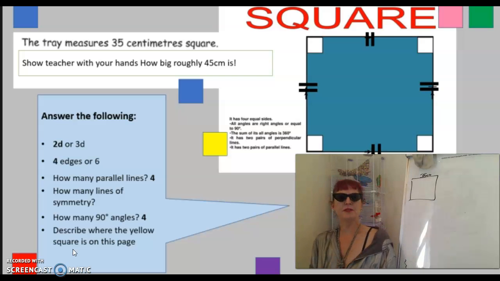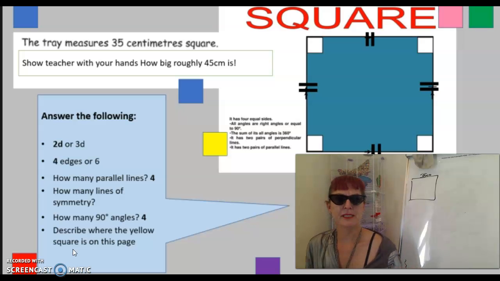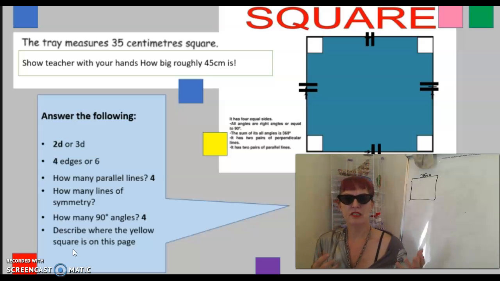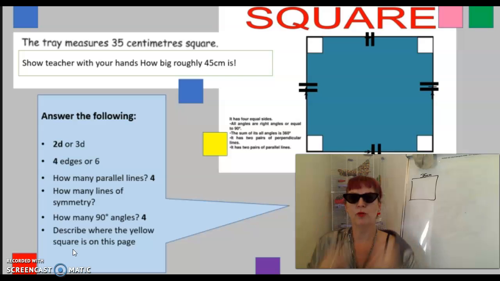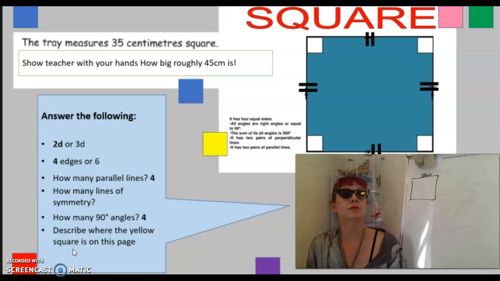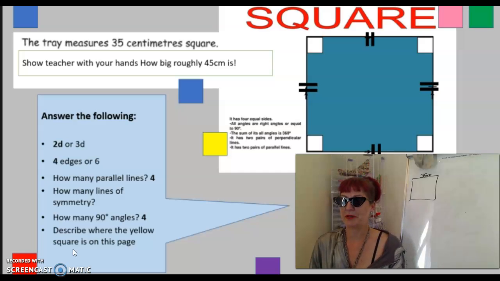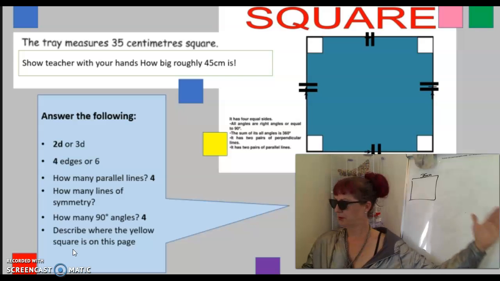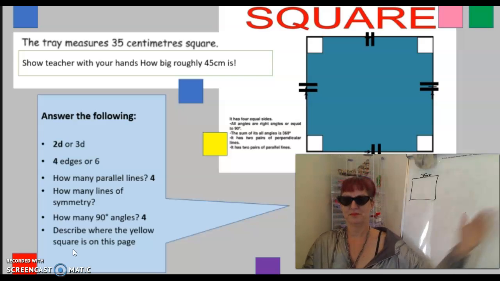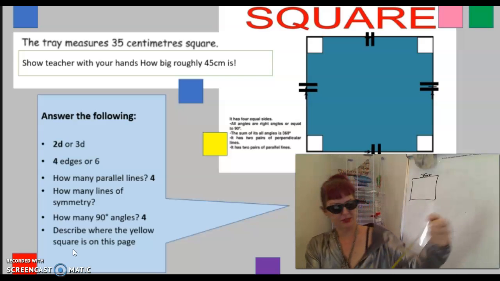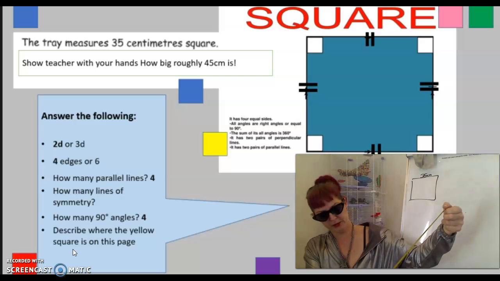I often ask people, roughly, what's 35? Sometimes I go like this. We've all had to learn a little bit about what 2 meters is recently. I knew straight away that was going to be a problem for people. 2 meters, boom, plus boom. But 35 centimeters, I'm going to show you accurately.